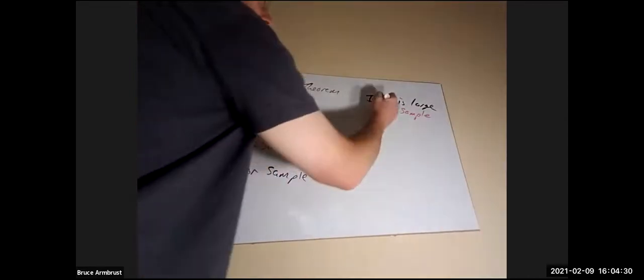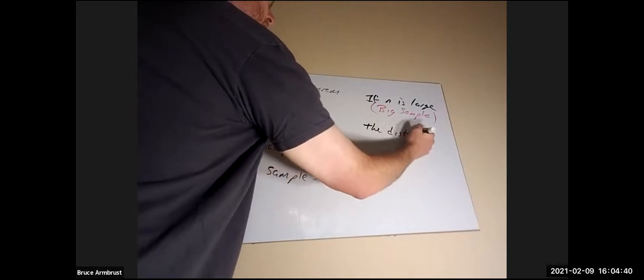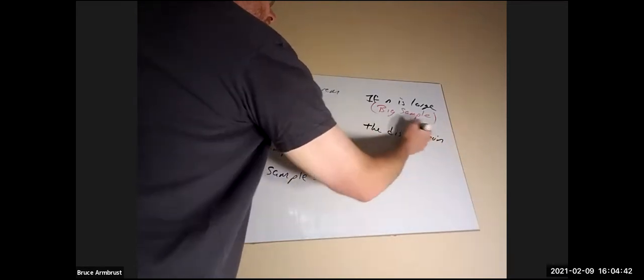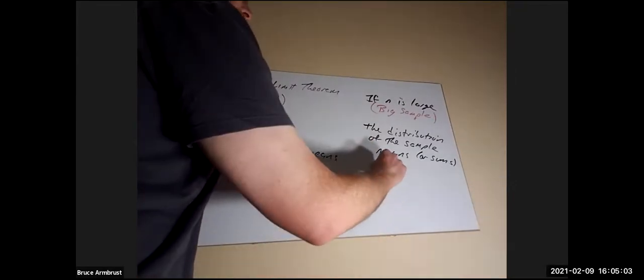So if n is large, then what we know is that the distribution of the sample means, and I'm going to put in parentheses, or sums, okay, depending upon which one we're doing. But regardless, if n is large, the distribution of these sample means or sums will follow a normal distribution.